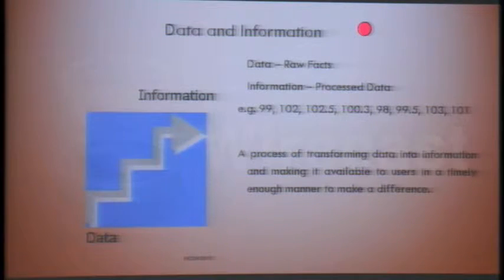Using this example, if this is the hourly body temperature of a patient, then knowledge means that if the temperature goes beyond 98.4, the normal body temperature, then the patient must have a fever.